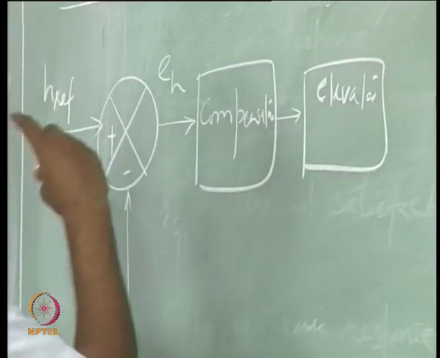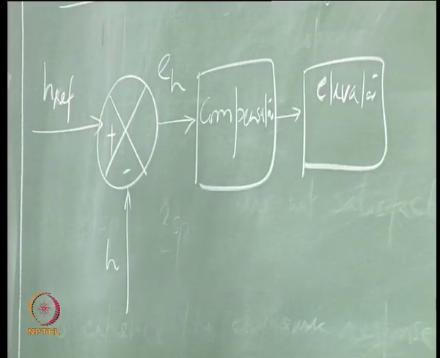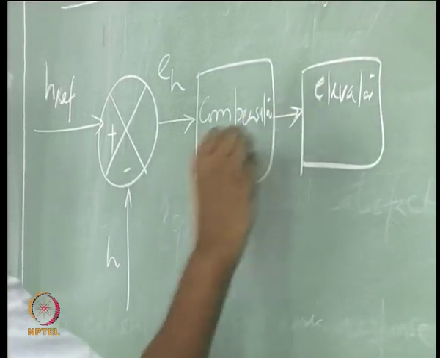So, typical elements of the altitude hold autopilot control systems are these.